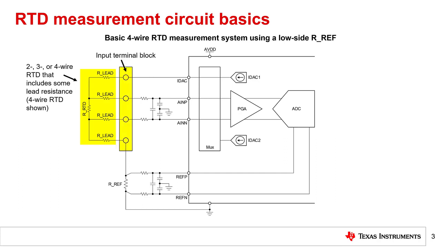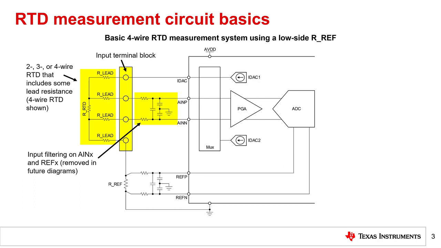The RTD is connected to the input terminal block. The terminal block size directly correlates to the number of RTD wires. In this example, a 4-post terminal block is used because we are measuring a 4-wire RTD. Between the terminal block and the ADC is a low-pass filtering circuit.